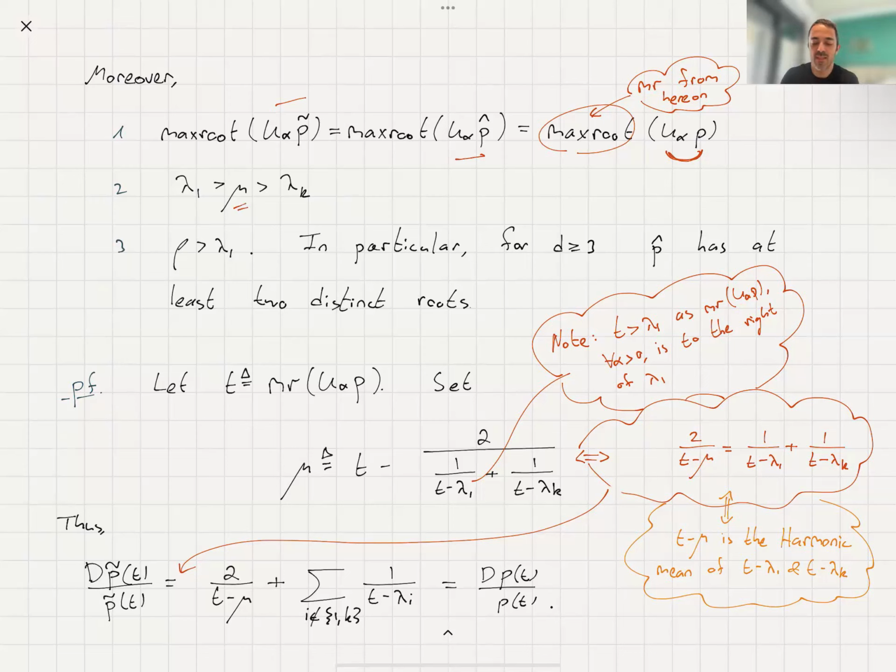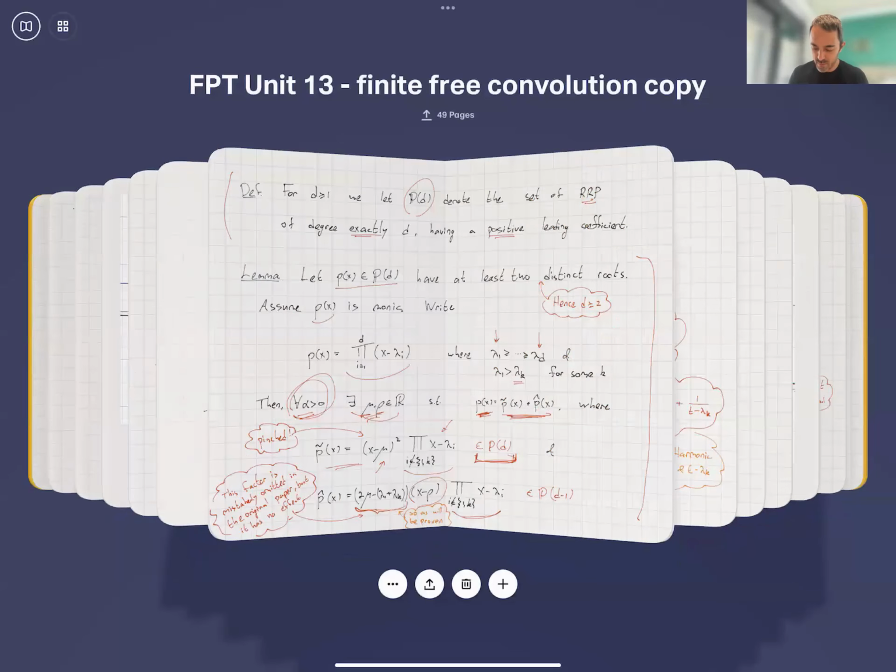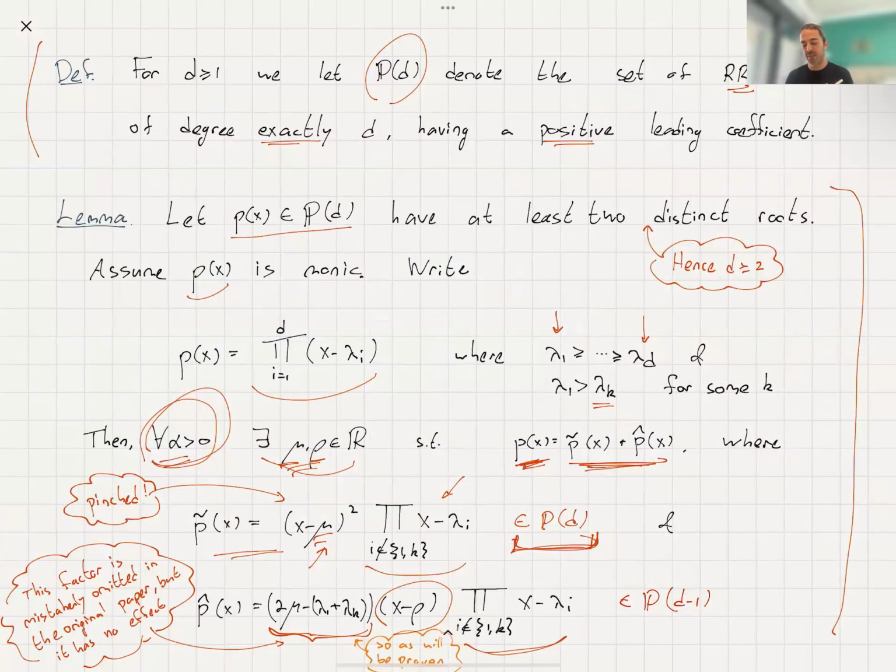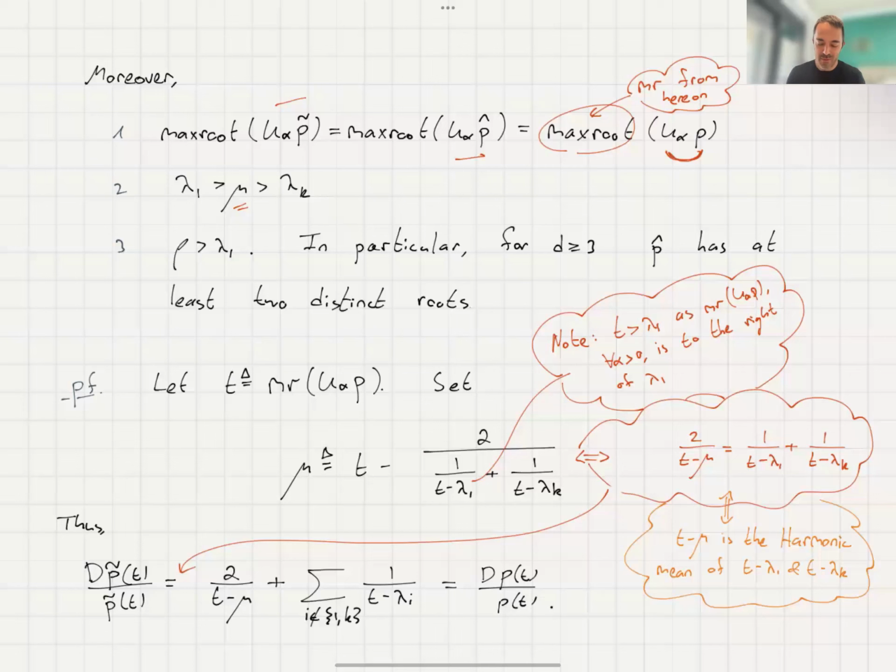Mu is going to be between lambda 1 and lambda k. So this new pinched root is not going to be larger than lambda k. It's going to be between lambda 1 and lambda k. And therefore, you kind of expect that rho is going to be larger than lambda 1. And that's true, right?